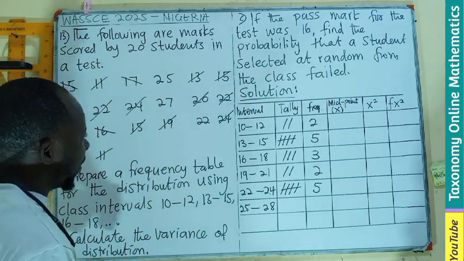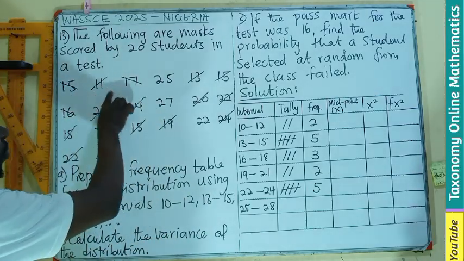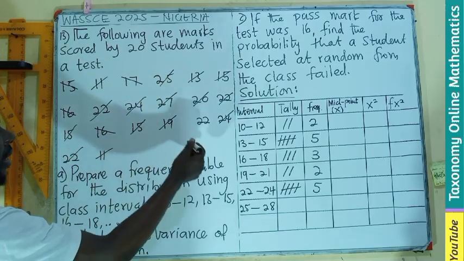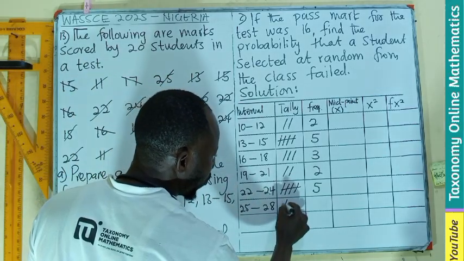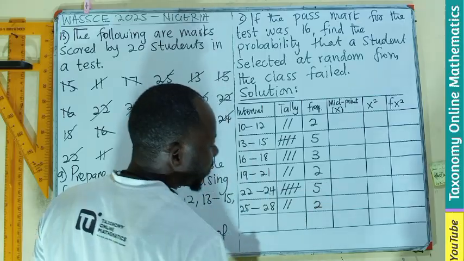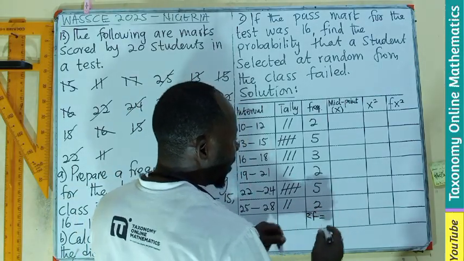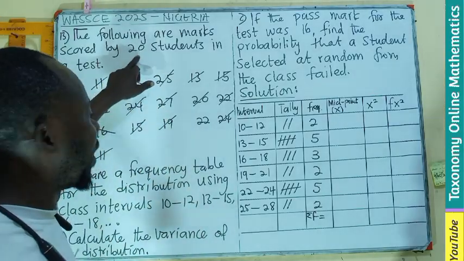Then 25 to 27, the remaining ones, I guess that will be 2. Let's see our sigma f and check whether we get the 20 students we are referring to.